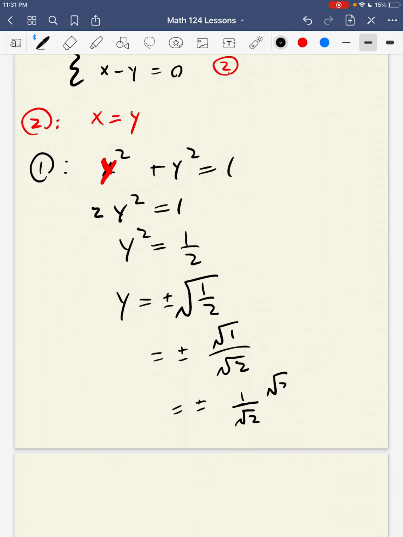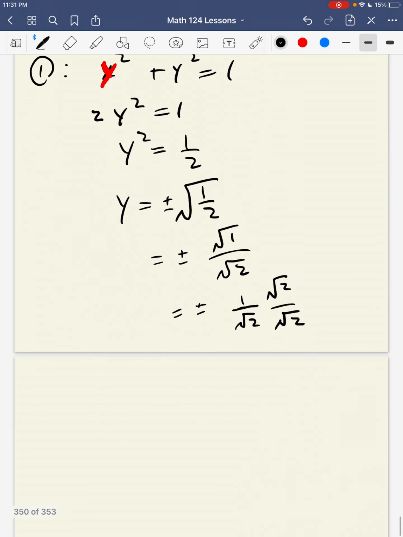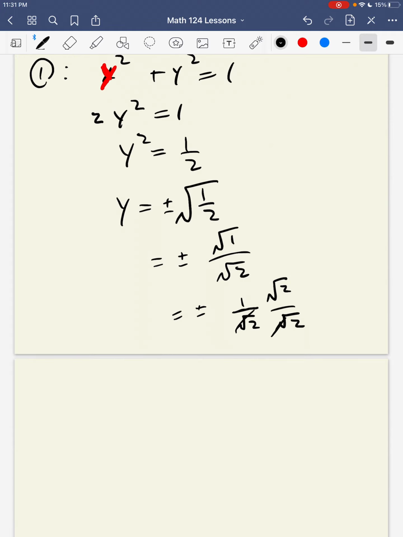Pearson might be a little weird about writing a square root on the bottom, so you could multiply root 2 to the top and bottom, which would give you plus or minus root 2 over 2. To summarize, y either equals positive root 2 over 2, or y equals negative root 2 over 2.